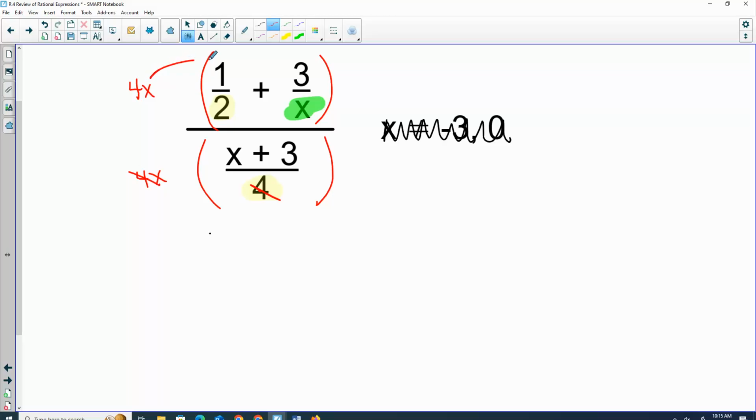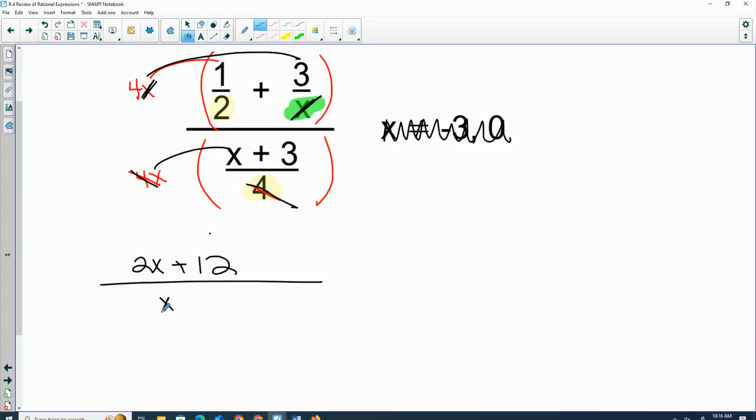Now we're just going to distribute. So 1/2 times 4x. So 1/2 times 4 is just 2. And we still have our x. If I multiply it to this one, the x's would drop. On the bottom, my 4's dropped, so we have the x.